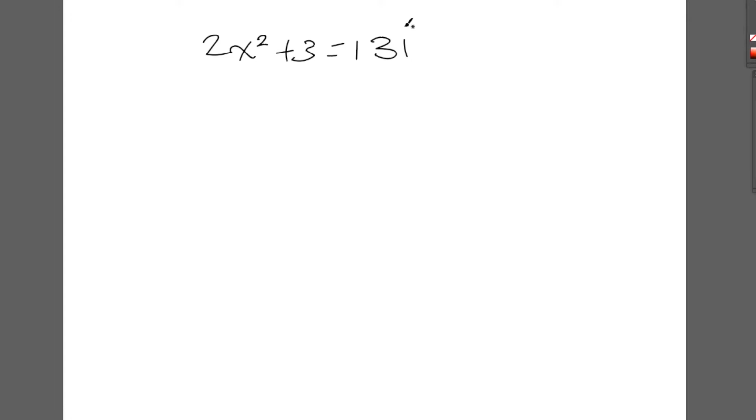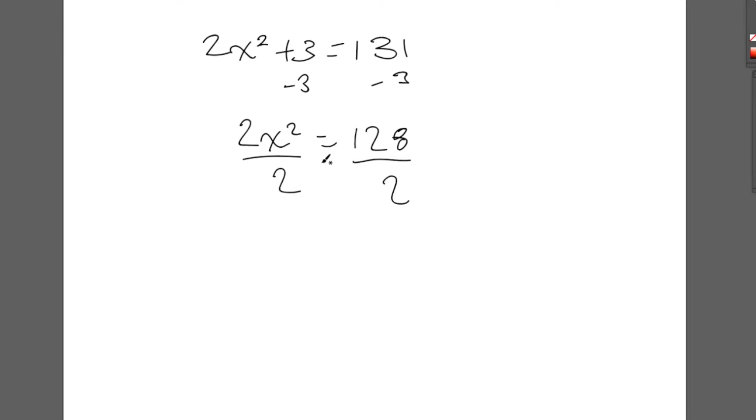And second off, you're going to do minus 3 from both sides. So, minus 3, and then that should give you 2x² = 128. And then on both sides, you are going to divide by 2, which should give you x² = 64.